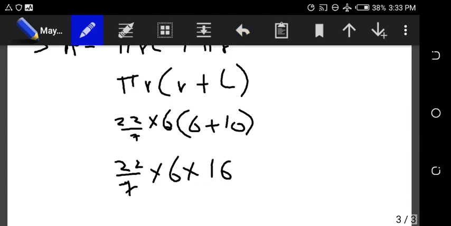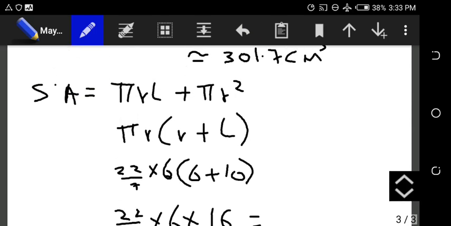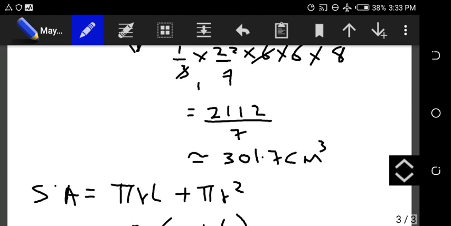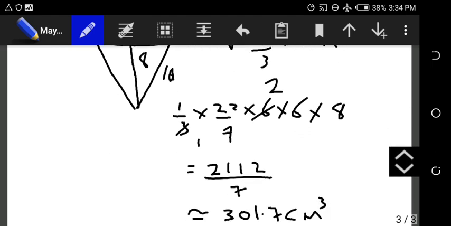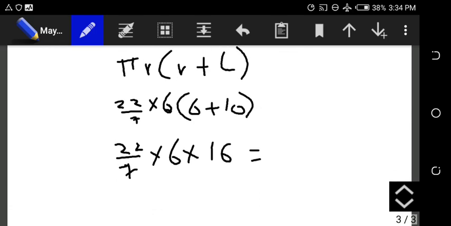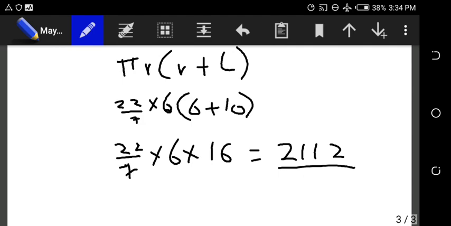Then multiplying out, nothing can divide, so multiplying out 22 times 6 times 16, that would give us 2112 divided by 7.